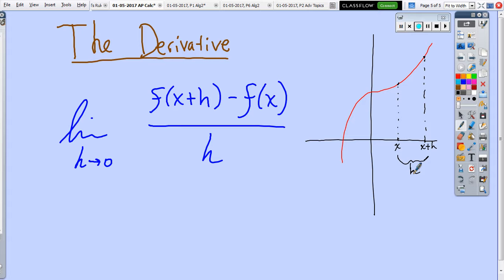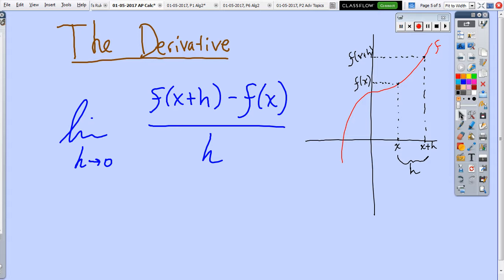So if this is x, the value of the function when we have x is going to be f of x. And the output here, when we have x plus h as an input, would be f of x plus h. And this is the graph of f.